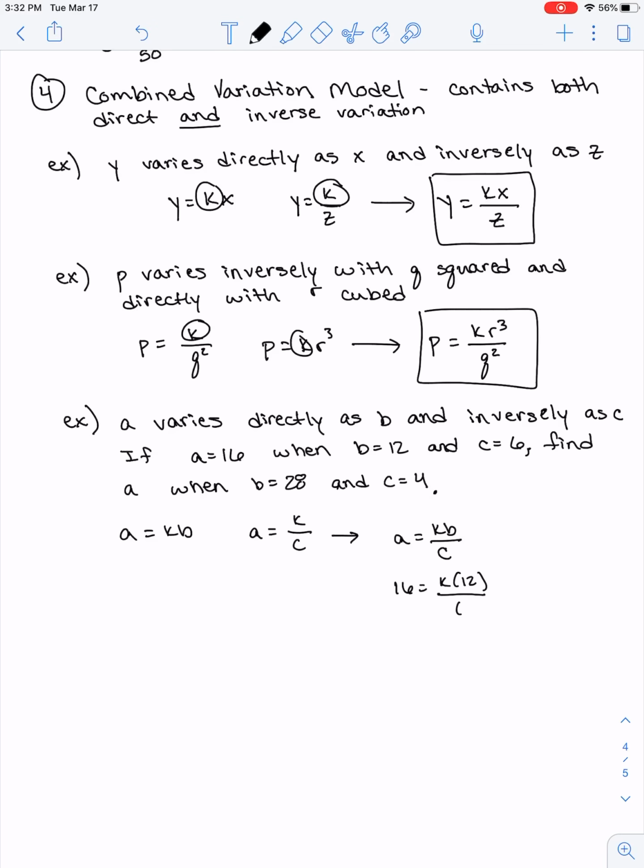If I divide by 2 on each side, I see that k is equal to 8. So I can say, okay, my actual model is a is equal to 8b over c. So now if I plug in my new values, I get 8 times 28 over 4. So 8 times 28 divided by 4 will give me 56.